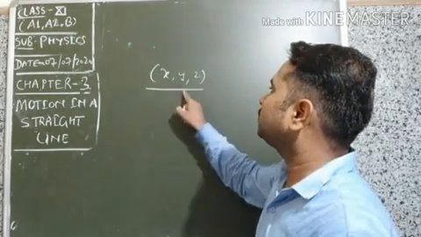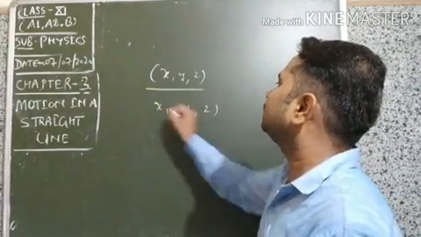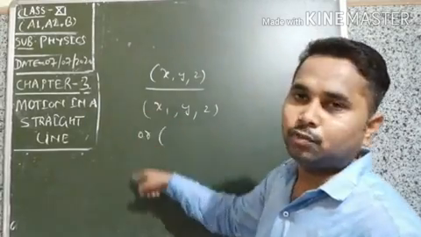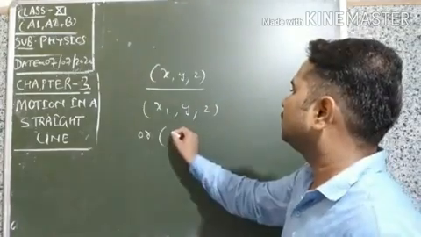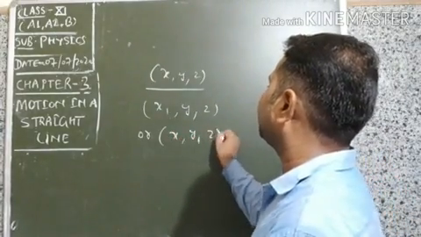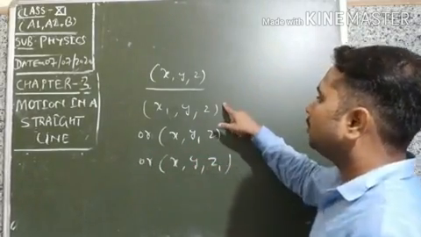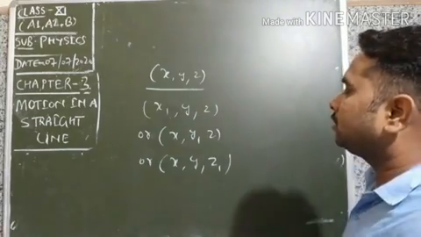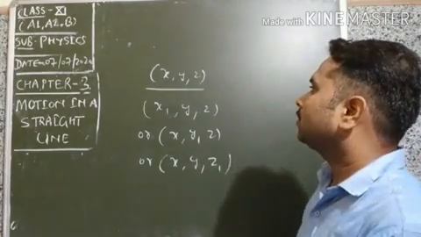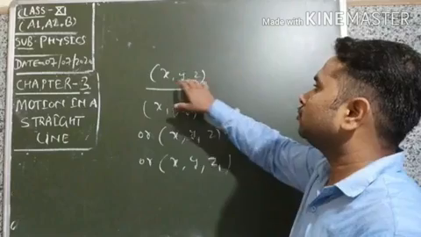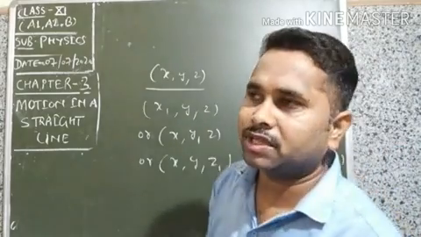For example, x1, y, z, as I explained, this is the new position of the body. Here this is initial and now I am writing the final position x, y1, z or x, y, z1. So among these three, if only one coordinate of the body changes after some time t from the initial position x, y, z, then the body is said to be in straight line motion, or one dimensional motion you can say.